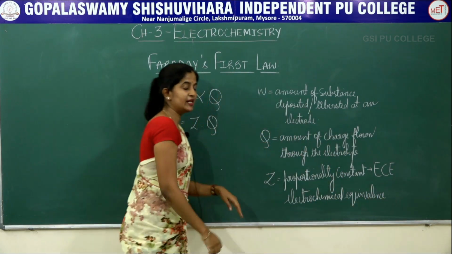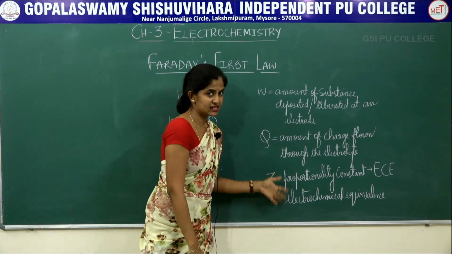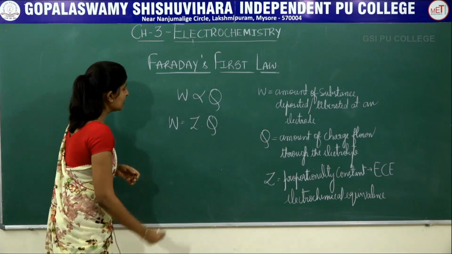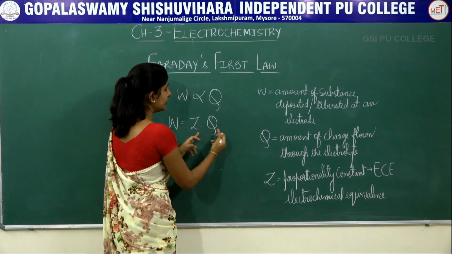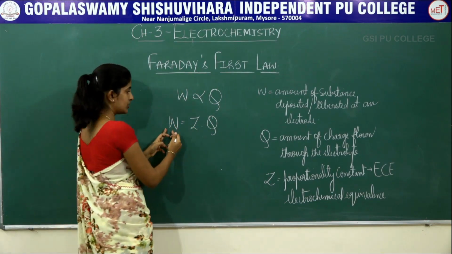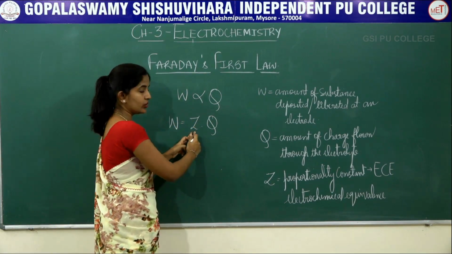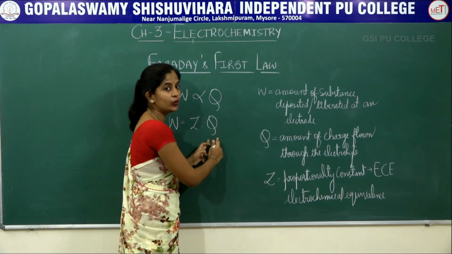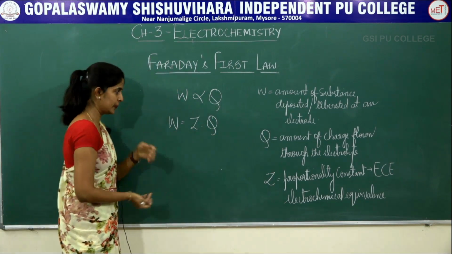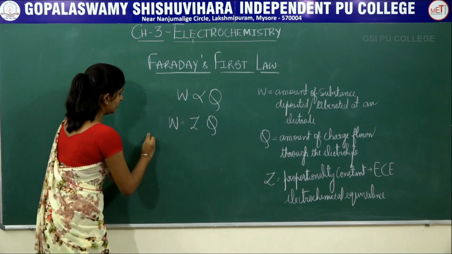It's very important. We'll be discussing more in detail about this Z in your future sessions. So, here W is equal to Z into Q. W is the amount of substance deposited or liberated, Z is your electrochemical equivalence and Q is your amount of charge flow.